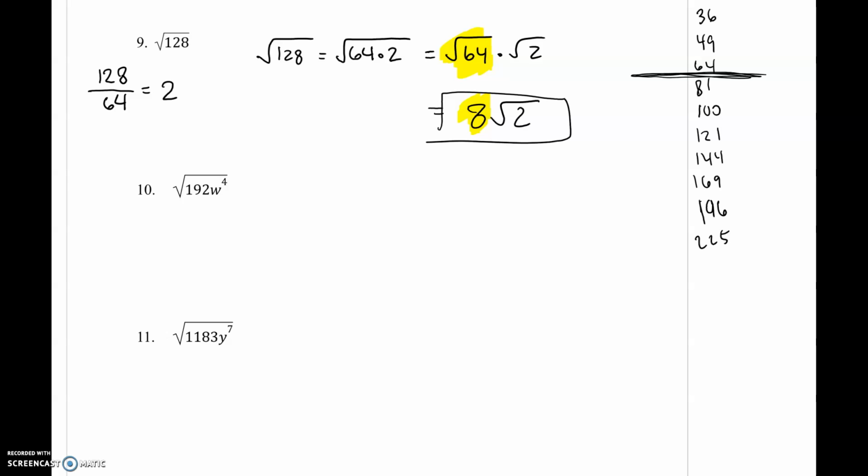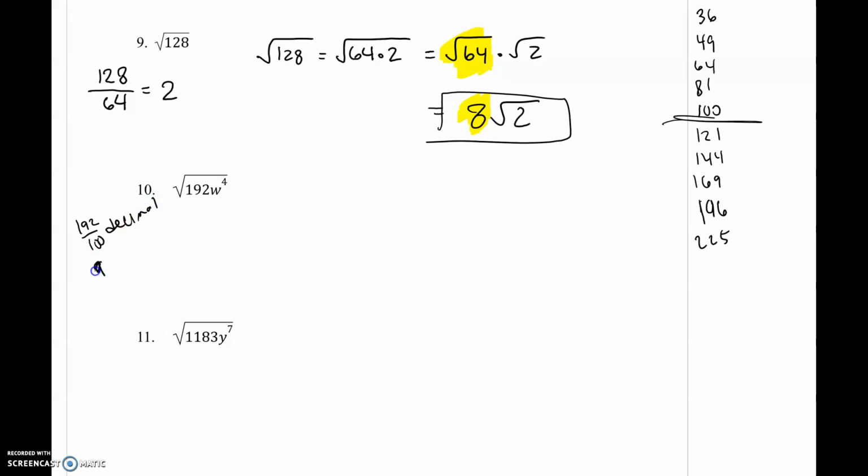Number 10. Hopefully you tried it. Here's how I would do it. 192, if I cut that in half, that's got to be close to like 100, right? So maybe I'll start at 100. If I do 192 divided by 100, that's a decimal.